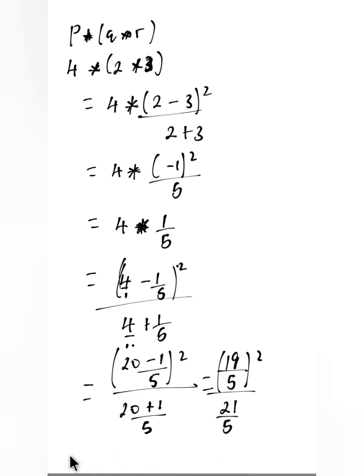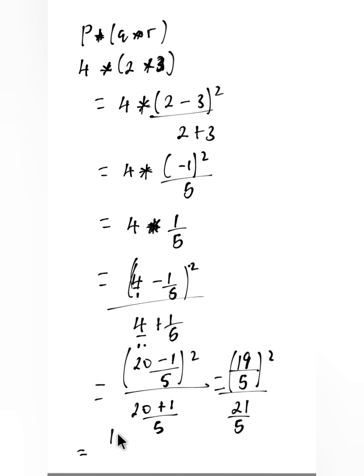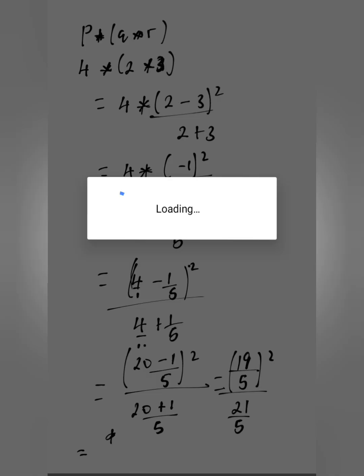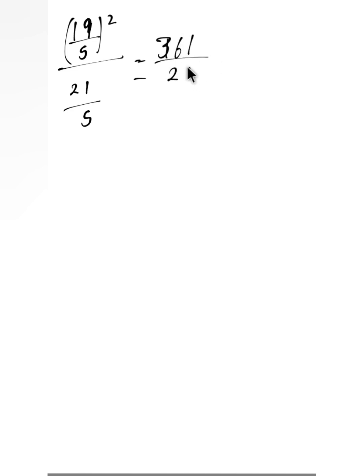Okay, so what we have now is 19 over 5 square all over 21 over 5. So this is the same thing as 19 square. I think 19 square should be 361. 361 over 5 square is 25, all over 21 over 5.